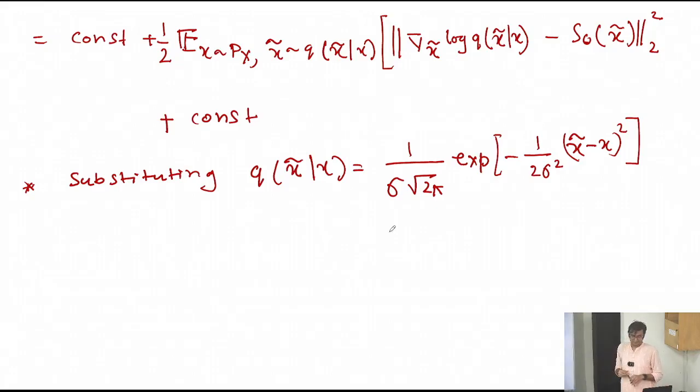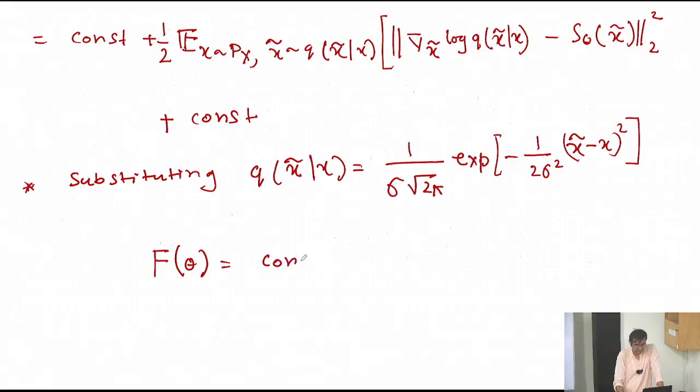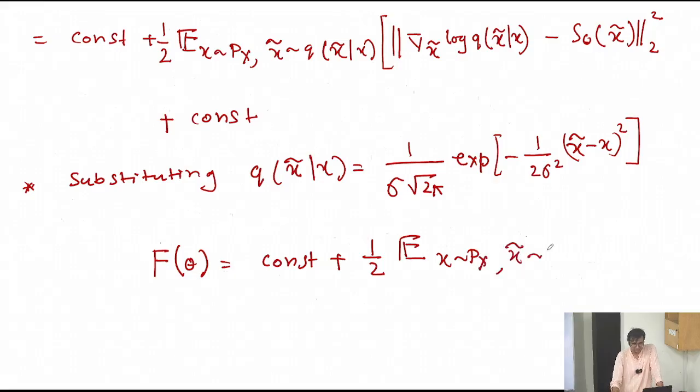So if I substitute it, what will I get? J of theta is equal to constant plus half expectation, x belongs to p(x), x tilde belongs to q(x tilde given x), and what do we have inside?